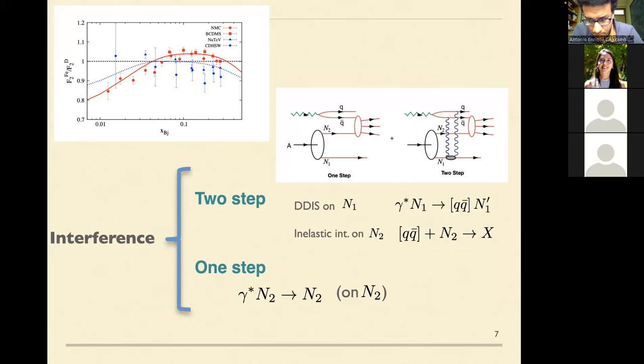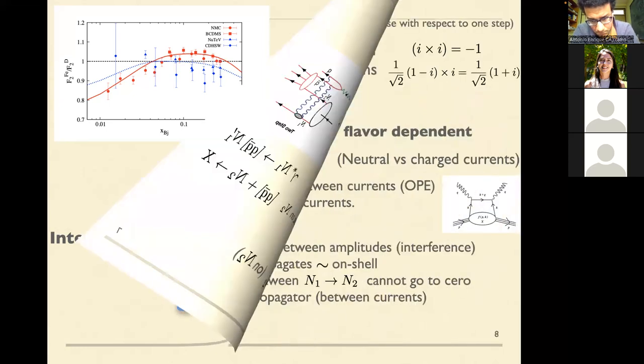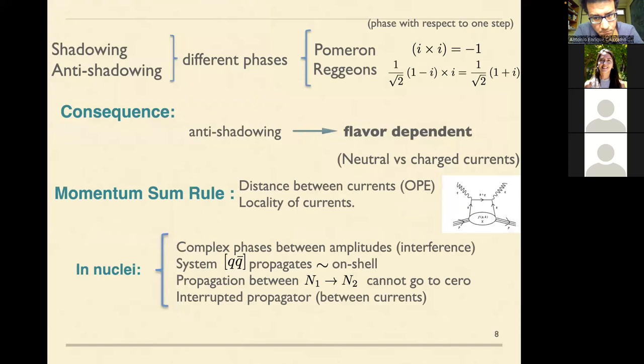So the idea is that since we are at very small x, you can apply what's called Regge behavior for these amplitudes. And here I am putting the different phases that appear. If you are not familiar with the Regge behavior, that's not really important. It's the fact that you have this interference of one-step and two-step processes.